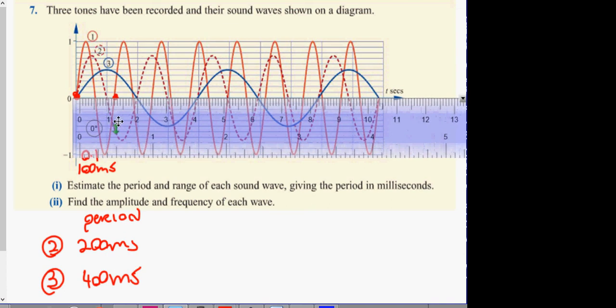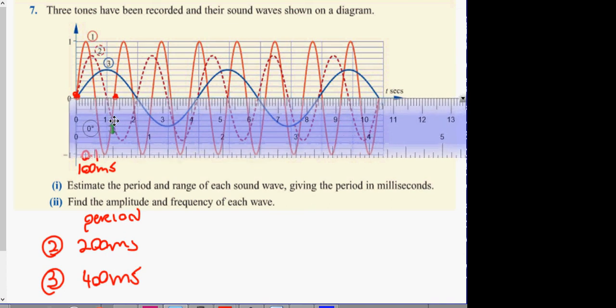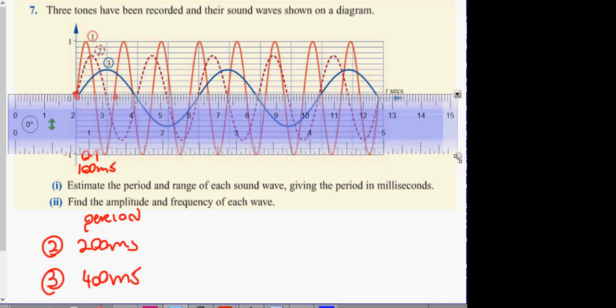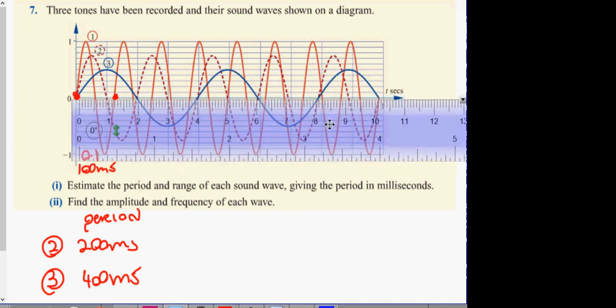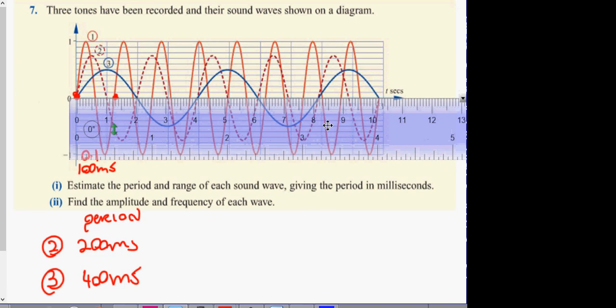Now, nearly 2 centimeters. I'm running out of space a little bit there. Okay, so let's have a look now. Now we can see that it's worth roughly 2 centimeters on the money there. Okay. Now 2 centimeters is worth 200 milliseconds. Everybody happy with that? It's a gap of 2. Now I'm going to read off my ruler.